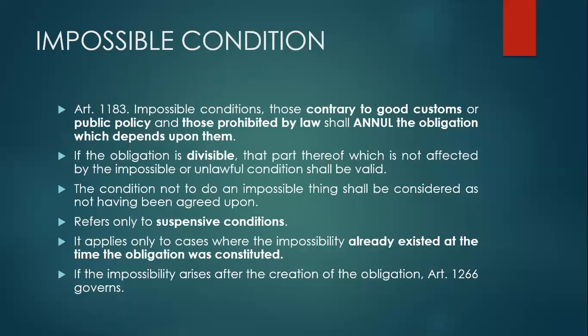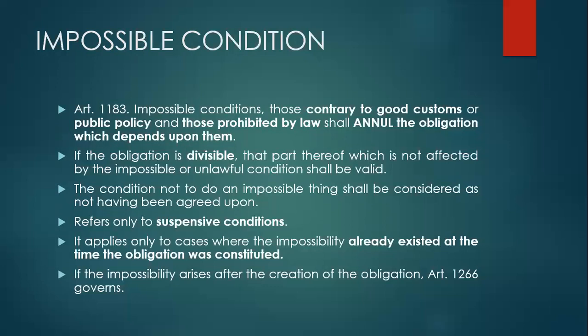However, if the obligation is divisible, which means that it can be or it is capable of partial fulfillment, then the part thereof which is not affected by the impossible or unlawful condition shall be valid. The condition not to do an impossible thing shall be considered as not having been agreed upon.